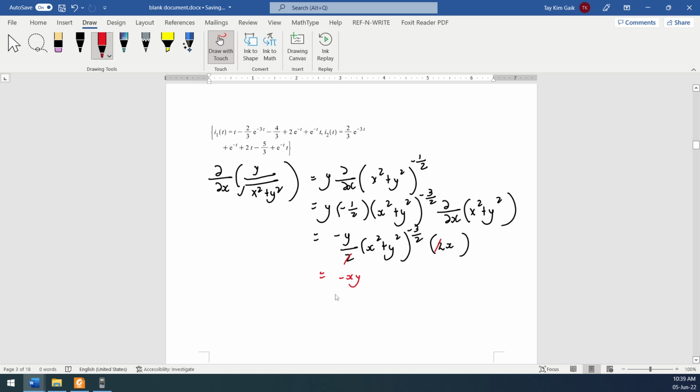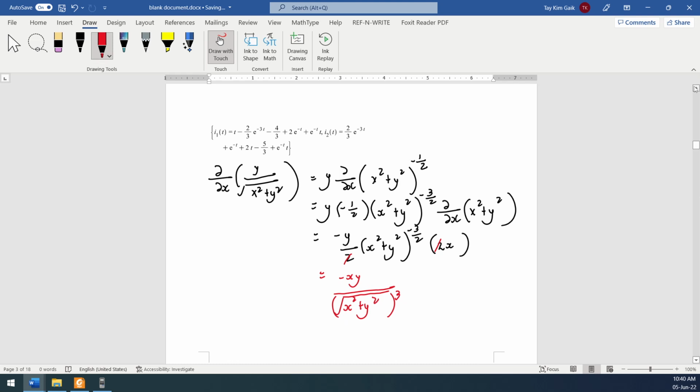Negative xy, this one you can break it into square root of x squared plus y squared and then power 3. Because you bring down x squared plus y squared power 3 over 2, it is square root power 3.